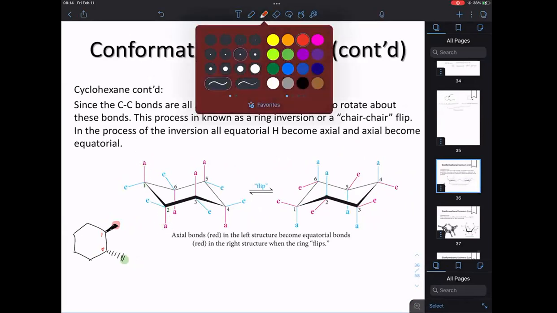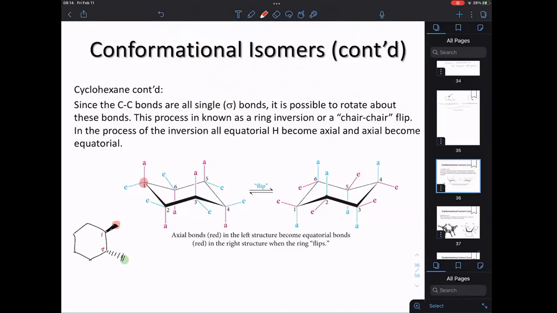We'll see carbon 1 was pointed up in the 1 conformation. And then this chair flips, and now carbon 1 is pointed down. Carbon 2 was pointed down, and then it flips, and now it's pointed up.